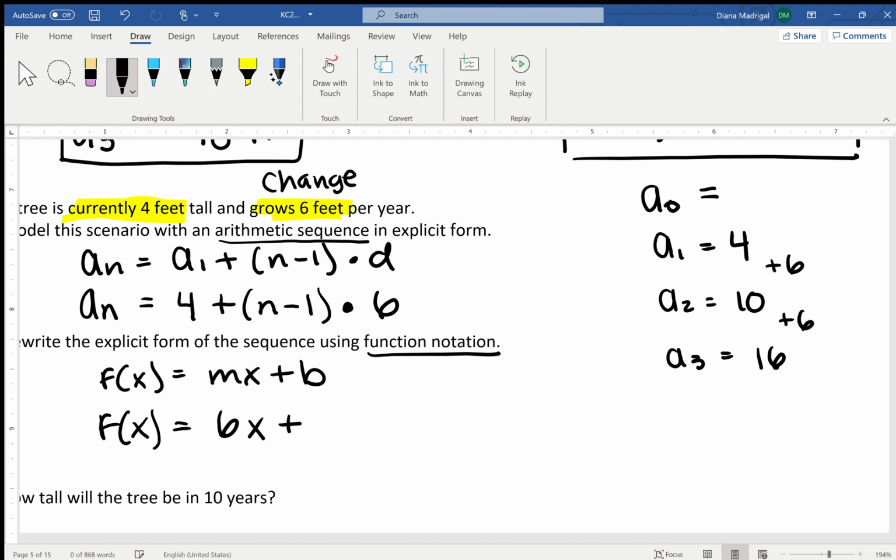That means I need to subtract because I need to go backwards. So if I'm adding 6 to go forward, to go backwards we do the opposite. 4 minus 6 is going to give me -2. So for this one, I'm going to have -2. And I told you every time we have negative numbers, we put it in parentheses. So that's my function notation.